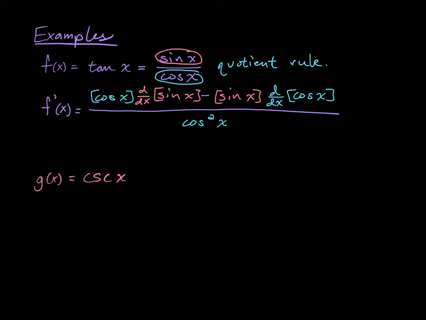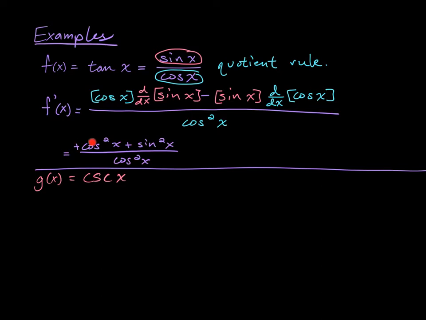So what do we need to do here? We need to make sure that we can take the derivatives here of the sine of x and the cosine of x. So what this will end up giving you is cosine squared of x plus sine squared of x over cosine squared of x.